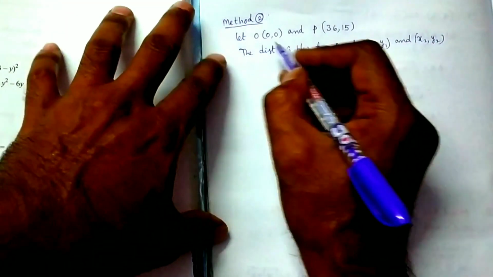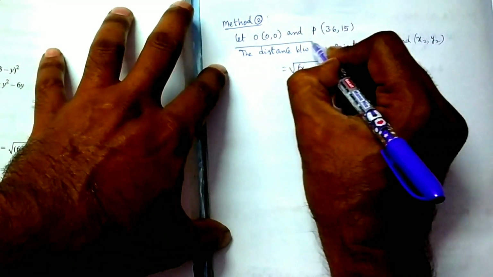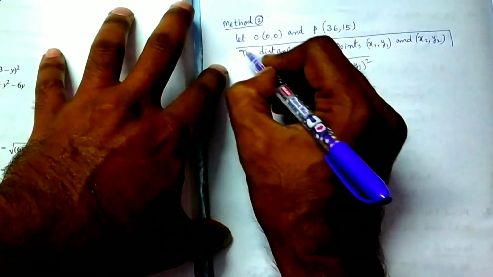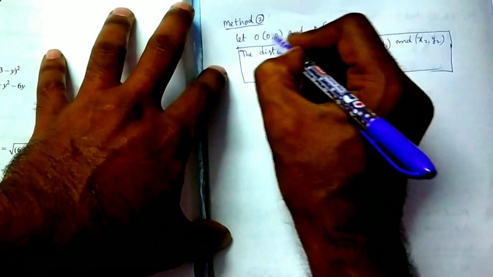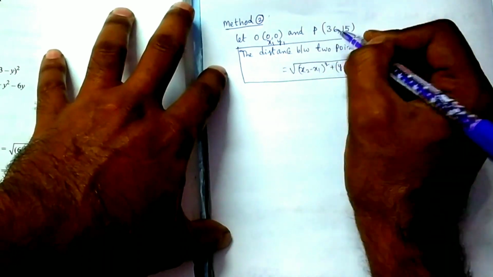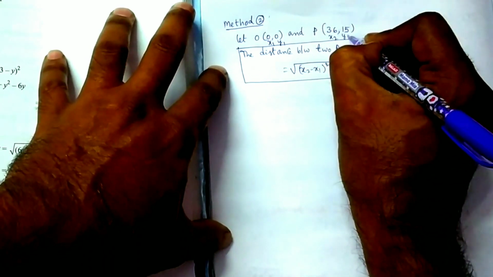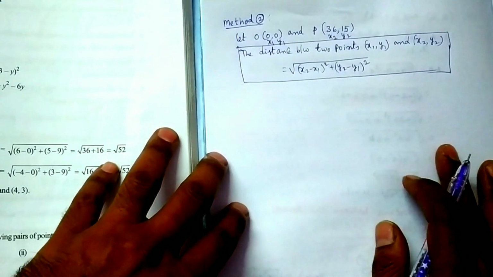So use this formula. Take this point as x1 y1 and the other point as x2 y2. So substitute in this one.